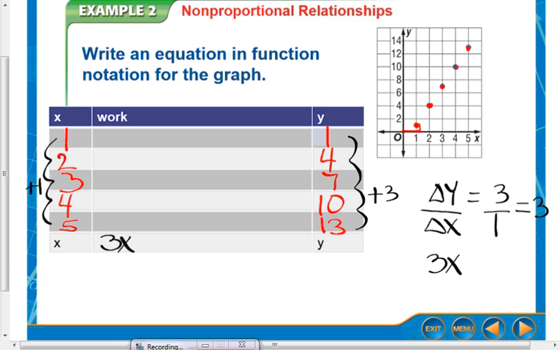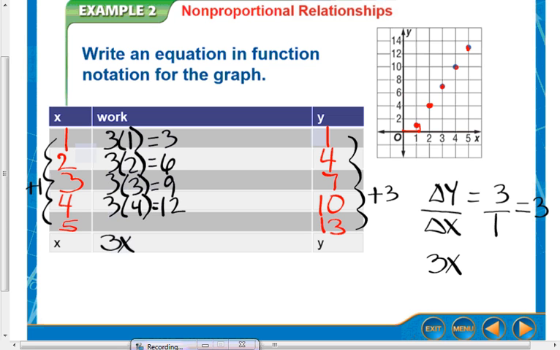Well, let me see. If I have 3 times that, I got 3x. Okay, but 3 times 1, and I end up with 3, right? Let's see. 3 times 2, 6. 3 times 3, 9. 3 times 4, 12. And 3 times 5, 15.